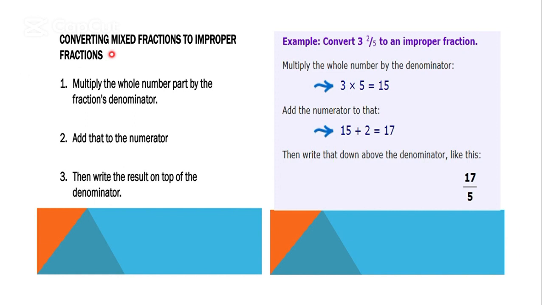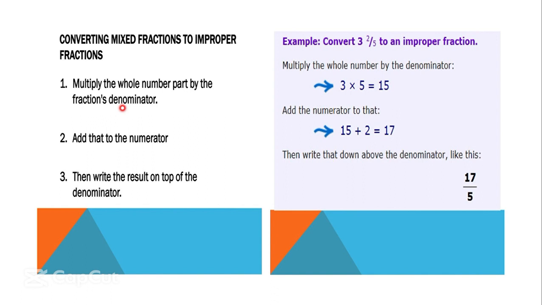If we have a mixed number and we need to convert it into an improper fraction, this will be used in multiplying and dividing. You have 3 steps as well. Multiply the whole number part by the fraction's denominator. So your denominator times your whole number.